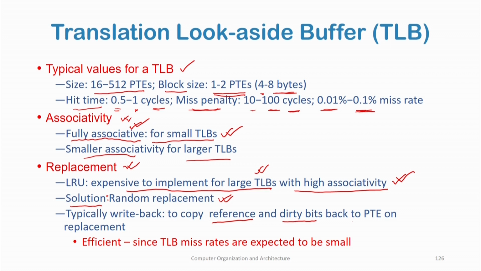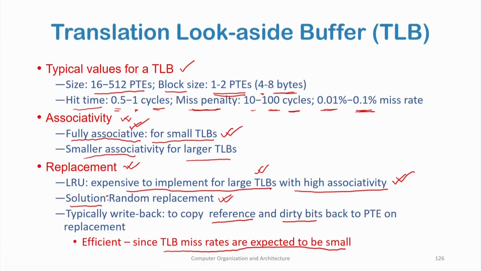Using write back means that I do not do this writing every time I change the reference or dirty bits on a page table entry access. That becomes very expensive, because if I want to write through, I have to write to the next level, the page table entry in memory, and this becomes very costly. As we said, the page table miss rates are expected to be small, of the order of 0.01% to 0.1%.